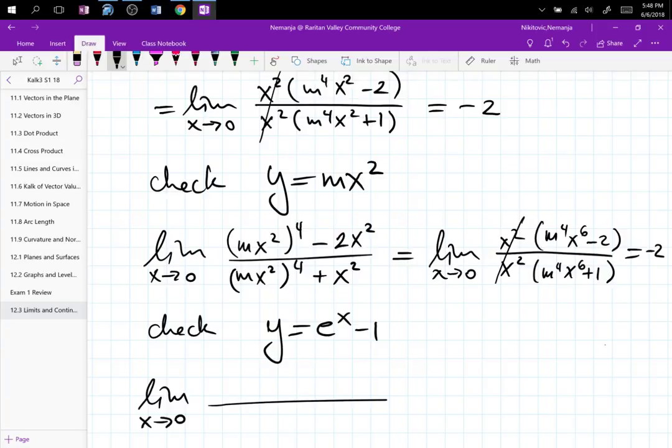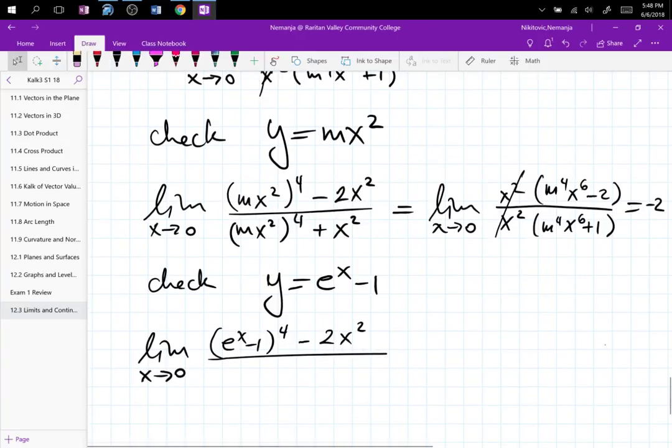So now I have, where's the problem? It's e to the x minus 1 to the fourth minus 2x squared divided by e to the x minus 1 to the fourth plus x squared.